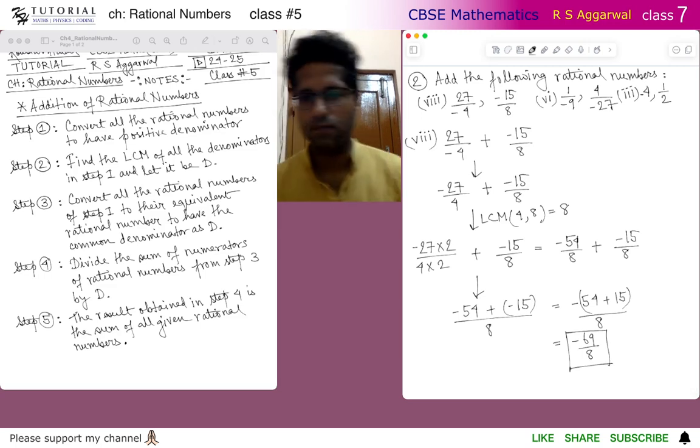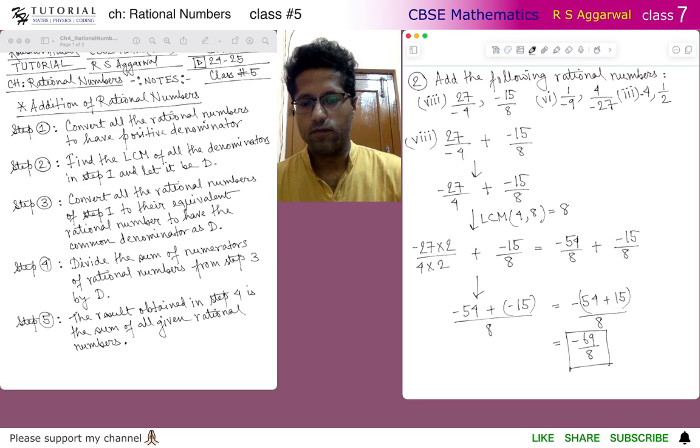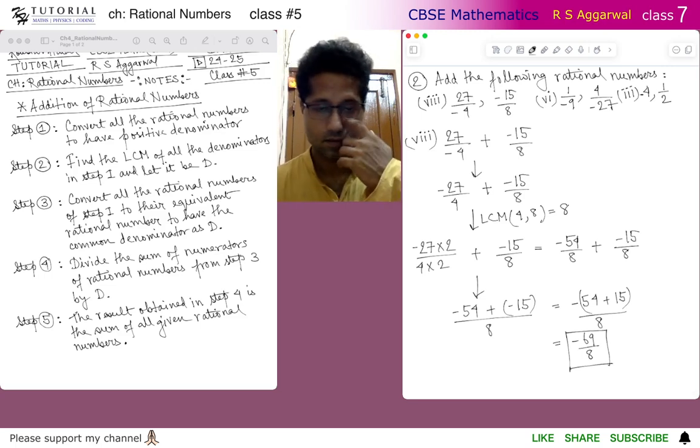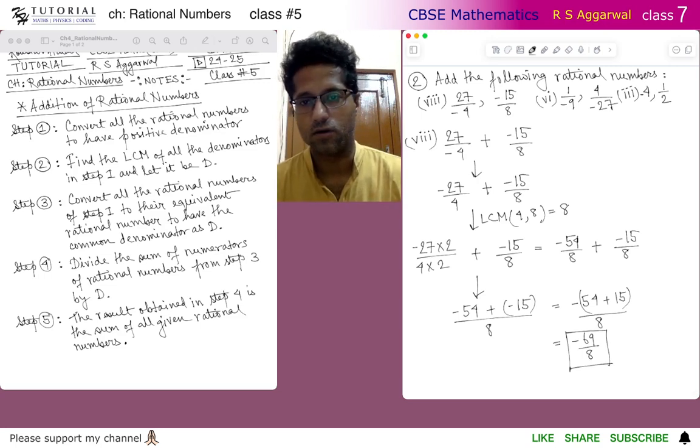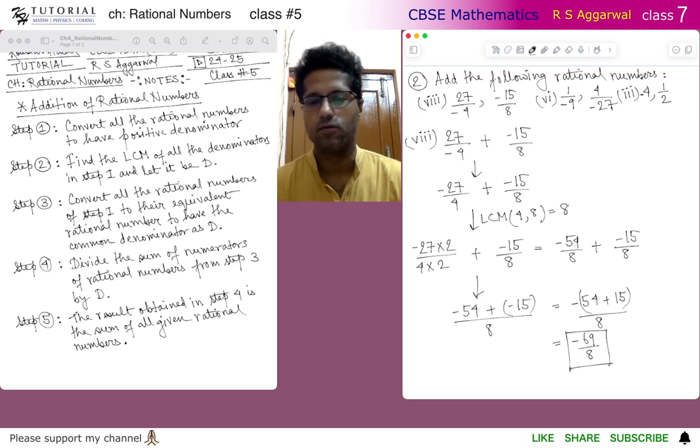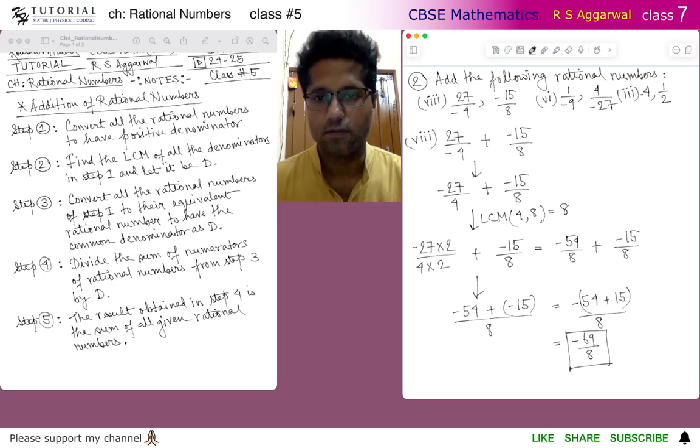It was a mismanagement of space. So if you please pause the video and take a screenshot of the solution of 8, because I have to rub it and solve the other problems, 6 and 3, in this space only. So I am rubbing it.